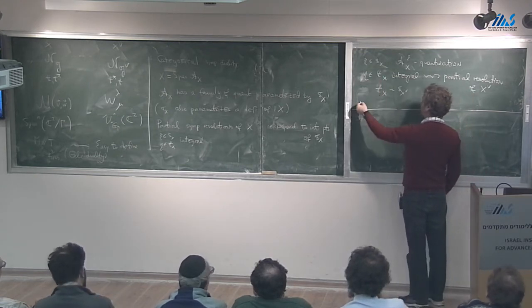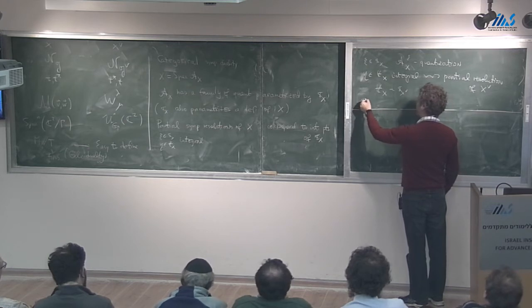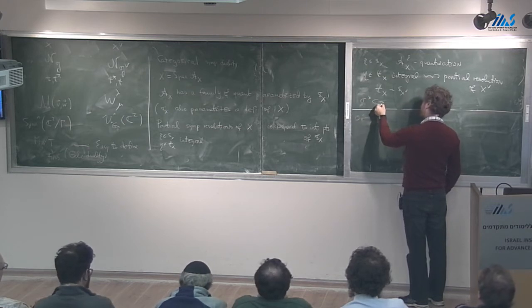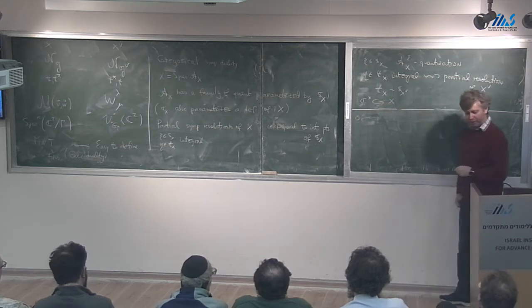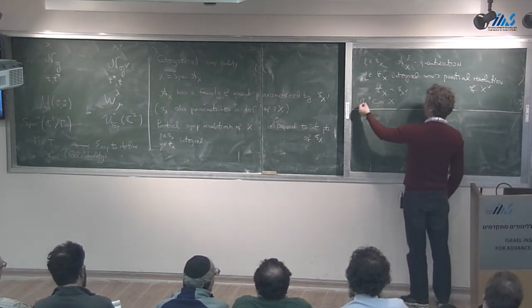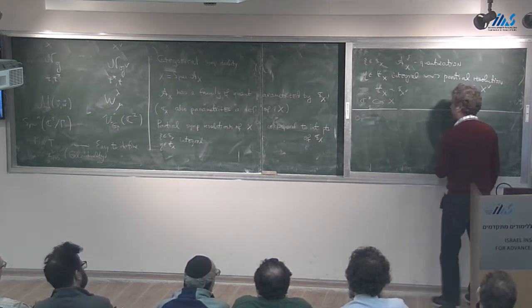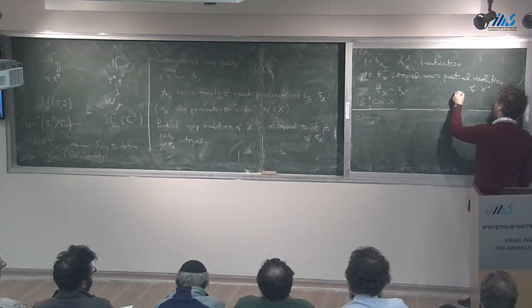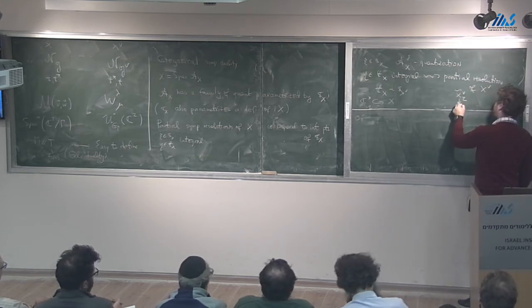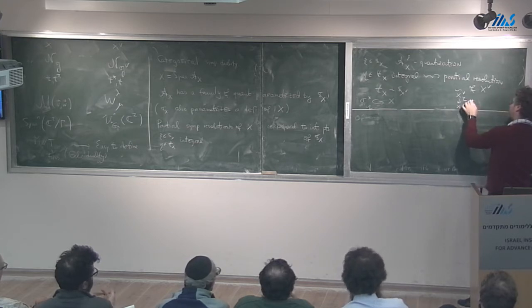If eta is integral, it means that it's a co-character, so it defines a C star Hamiltonian action on x. So this is eta, and here there's some kind of partial resolution x check tilde eta over x check, and this guy is smooth.